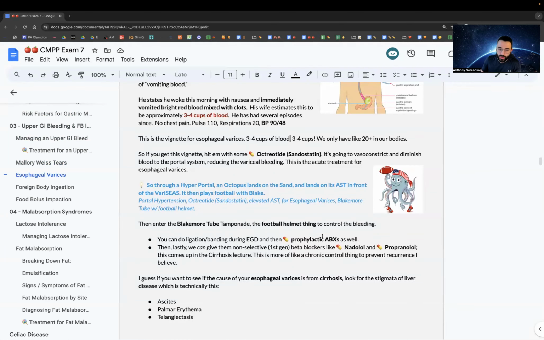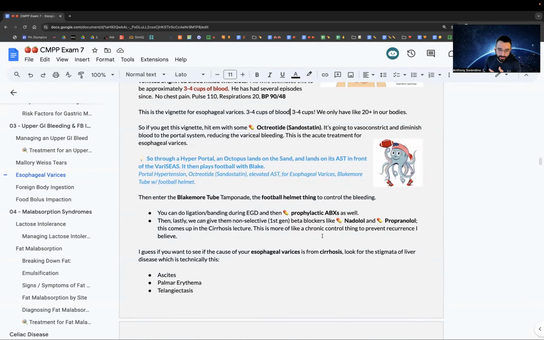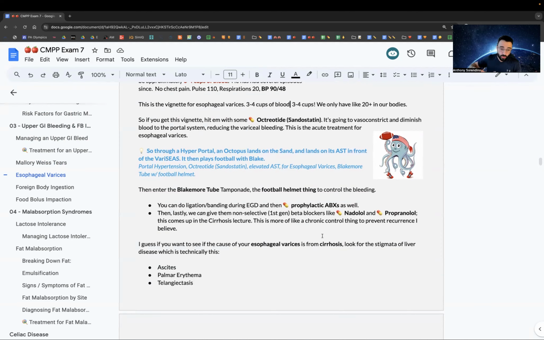And then this is also where you have that Blakemore tube tamponade football helmet thing. So if the bleeding is really out of control, you put this tube down their throat that goes into their stomach and you put a football helmet on their head to keep it in place. You can also do prophylactic antibiotics.